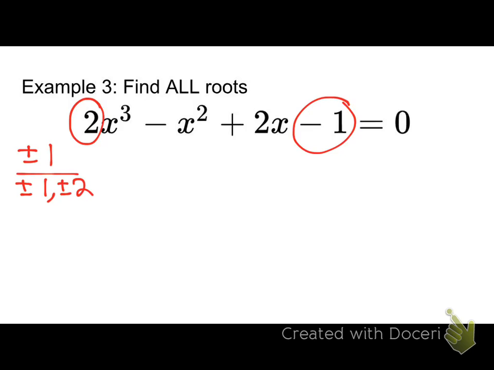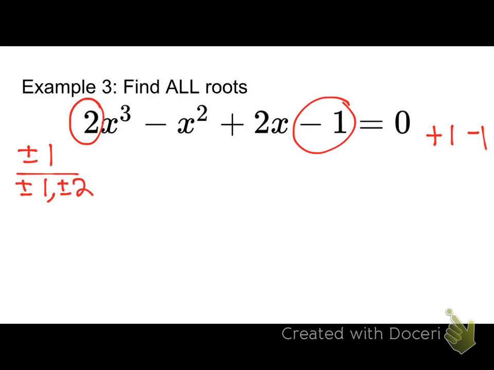So this time it's a little bit different from what we saw before. Now we have more than one number in our denominator. So for our possibilities, we got to have plus or minus 1 over 1. What is that going to give us? Just 1, plus or minus 1. So a positive 1 or a negative 1. Or we could have plus or minus 1 over plus or minus 2.